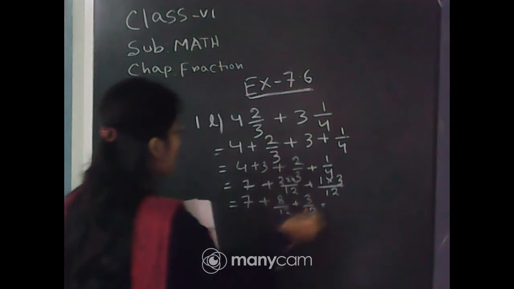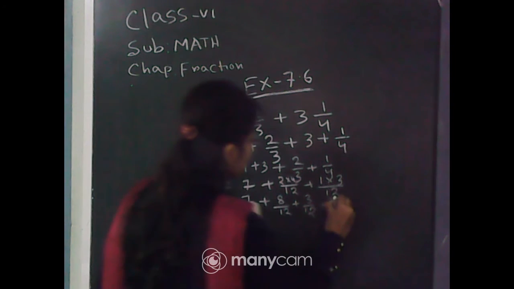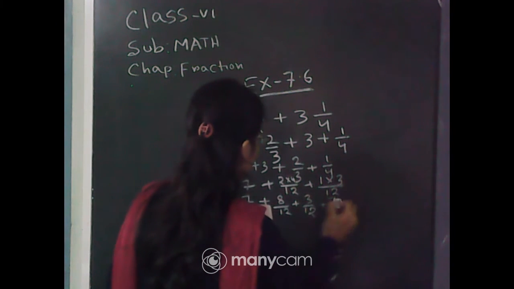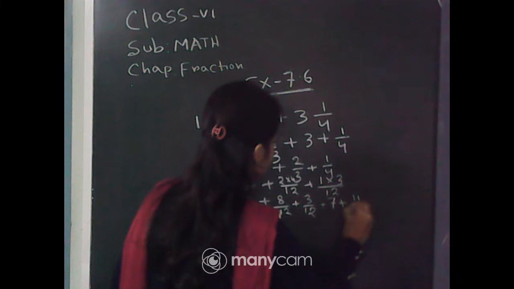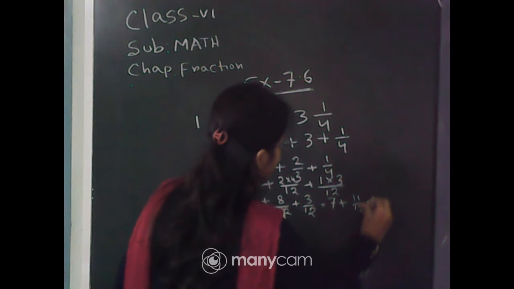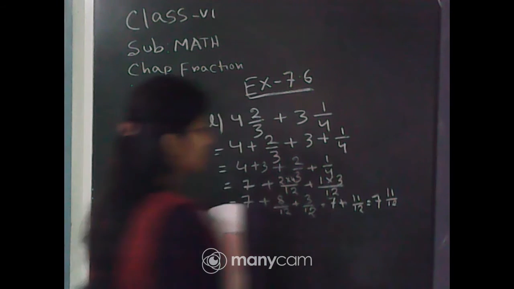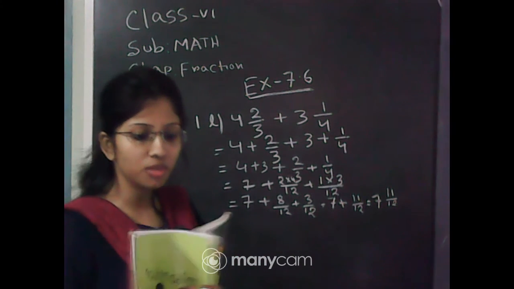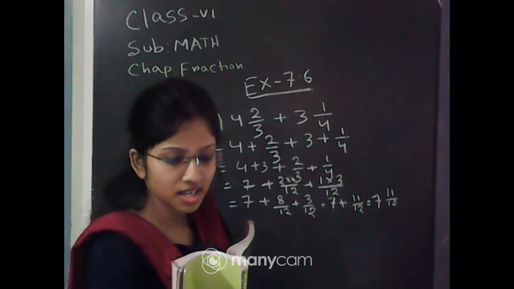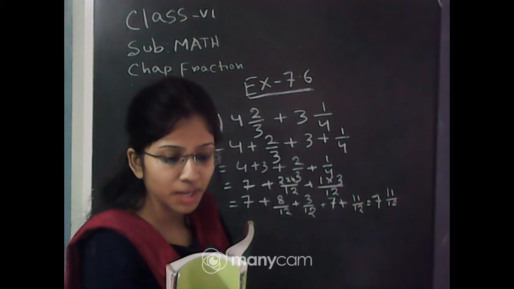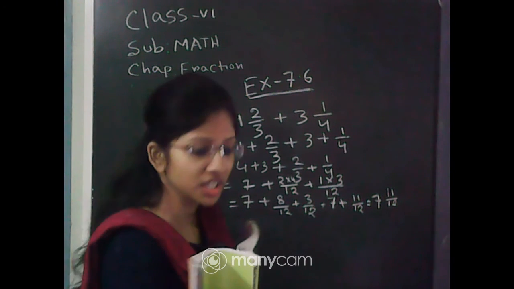Now, these are like fractions. We just add the numerators and retain the common denominator. Therefore, this is equal to 7 whole 11 by 12. Up to this portion, any problem, students? Yes, 95. This is the improper fraction and this is the mixed fraction.